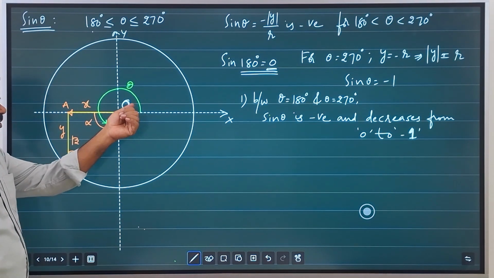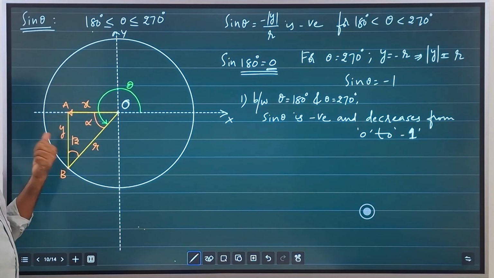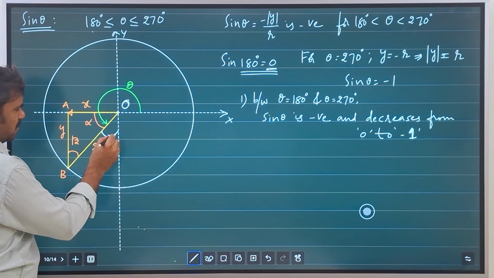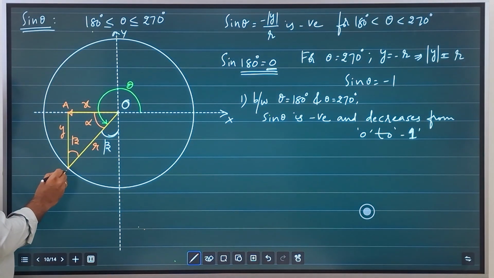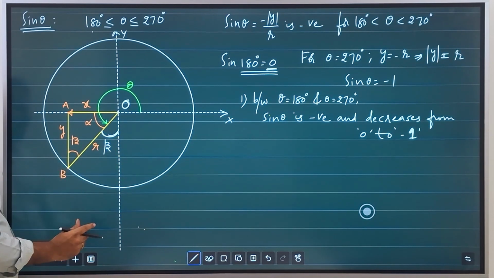Now let's write down the relation between theta, alpha and beta. Look at the figure. This angle is beta again. The angle B and this angle are alternate angles.